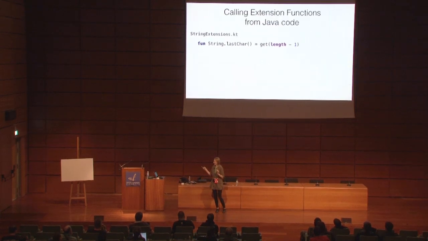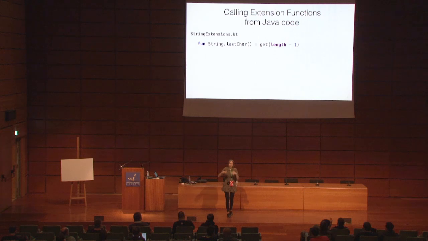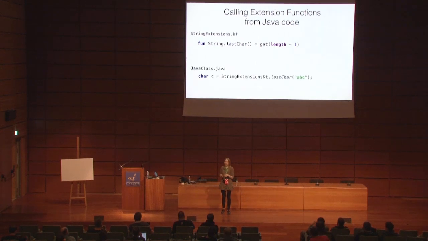OK, so let's continue our discussion and look how we call such functions from the Java code. As I told you already, Kotlin can be very, very easily mixed with Java code. That means that you can easily invoke all the Kotlin functions from Java code. And that's how we do it.